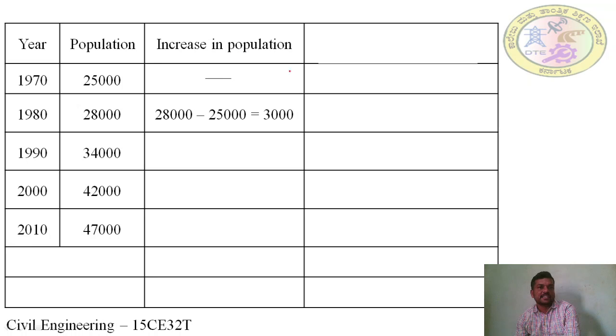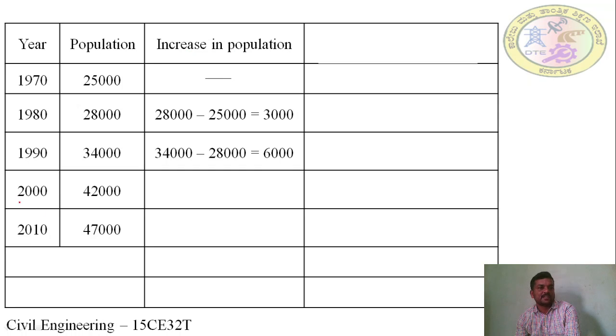Similarly, increase in population for the year 1990 is population in 1990 minus population in 1980. So with respect to previous decade, we need to find out the increase in population. Here the present decade is 1990, the previous decade is 1980. So 34,000 minus 28,000 is equal to 6,000.